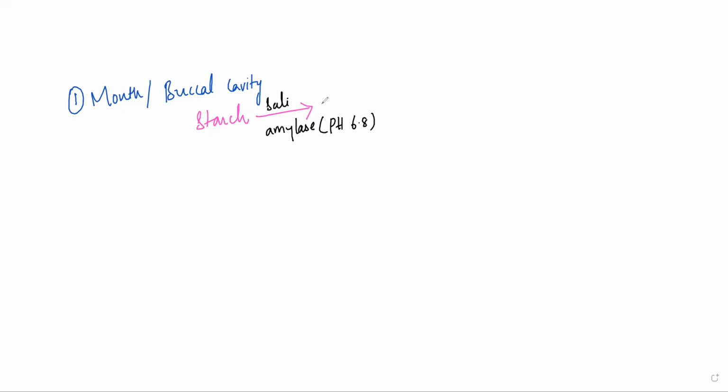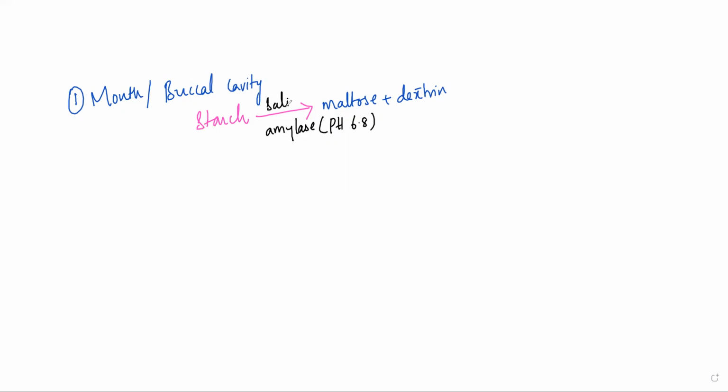The starch is going to be converted into maltose, right? And it can also be converted into dextrin. Okay, so this is the digestion that you can see here in the mouth or the buccal cavity.